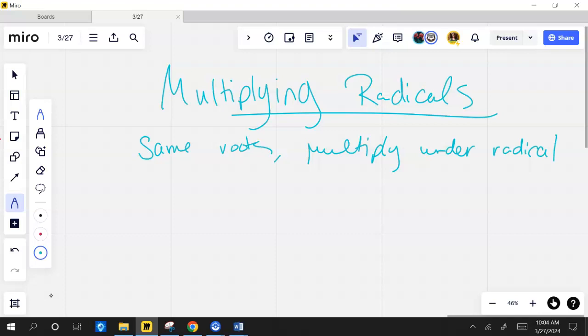And then we're going to make sure we simplify. And you can multiply what's outside too. Let me show you what I'm talking about.